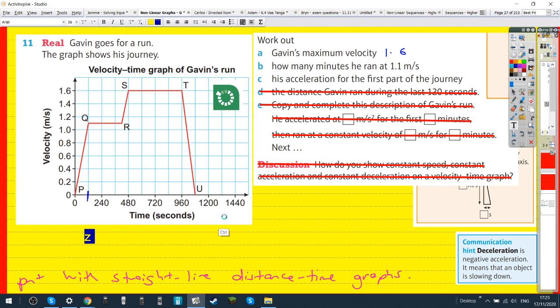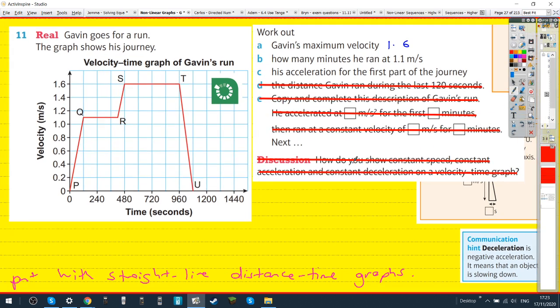To get doubled, so each square is about 120. Yeah. And so how many squares is it from Q to R? 3. I think it's 2.5. Oh, okay. I was rounding. Okay. So it's like 2.5 of 120.